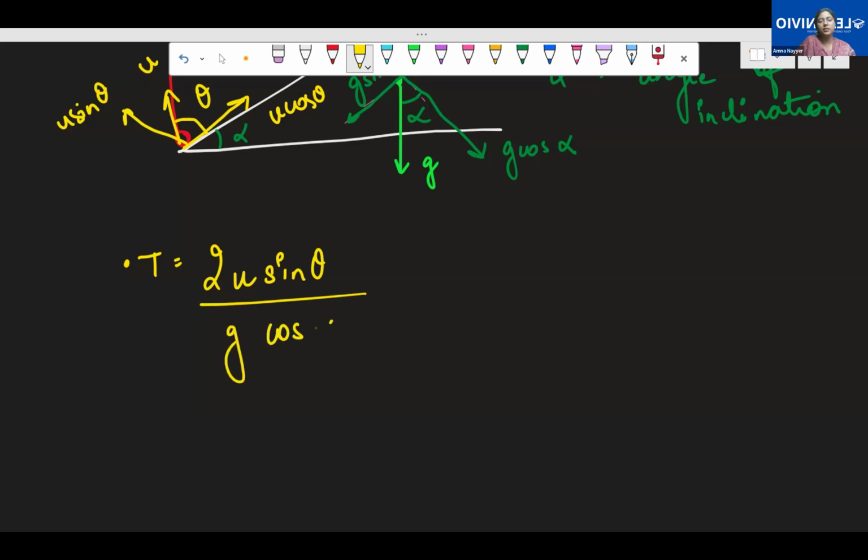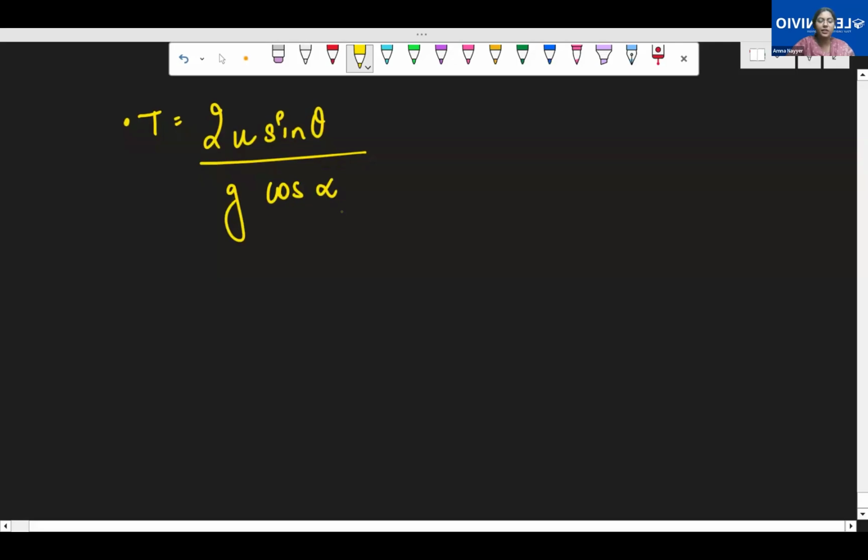So for the inclined plane, this will be 2 u sine theta by g cos alpha. Okay, this will be the formula. Instead of g, you are going to put g cos alpha. This is one formula which can be helpful to you if it comes.